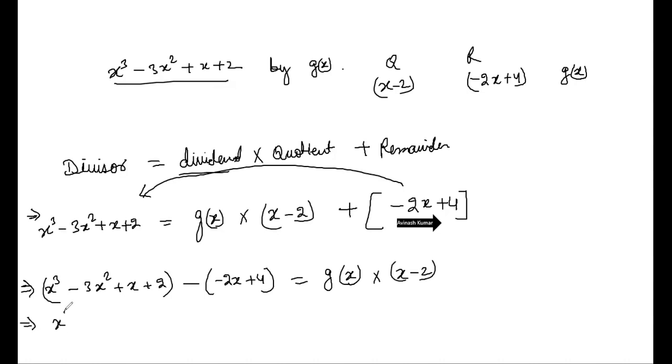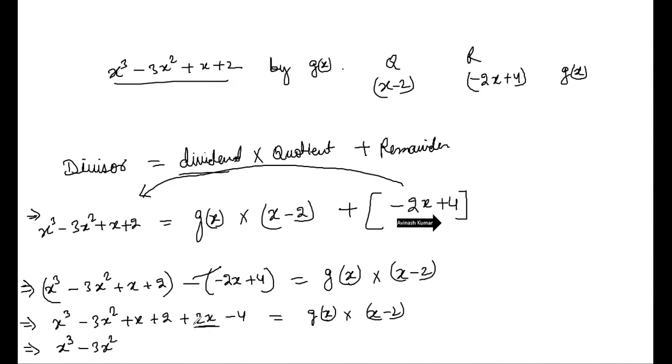Minus and minus will become plus 2x, and minus 4 is equals to gx times x minus 2. So this becomes x cube minus 3x square, and 3x minus 2, equals to gx times x minus 2.